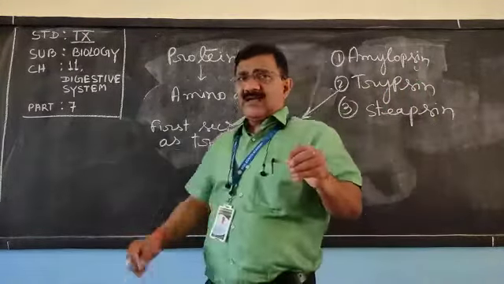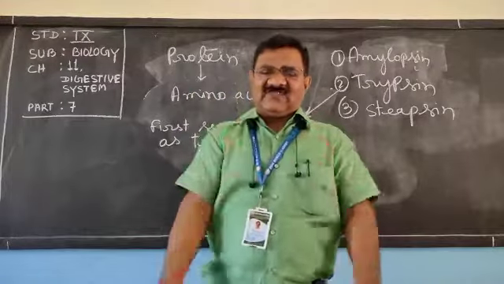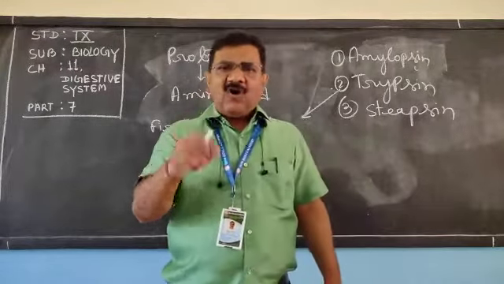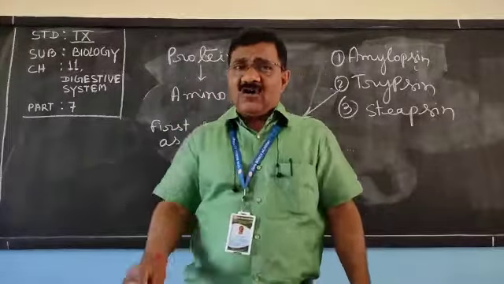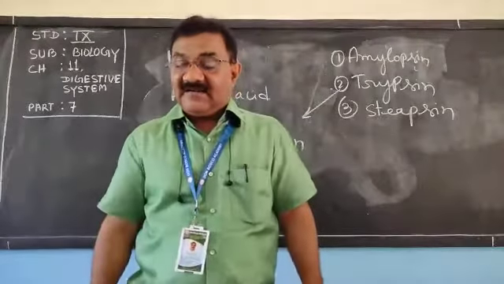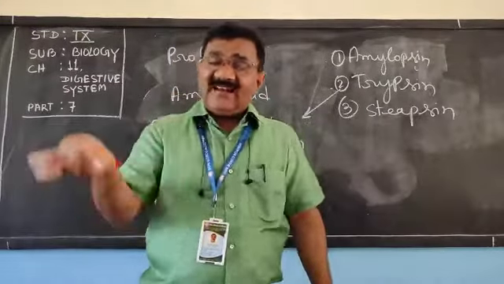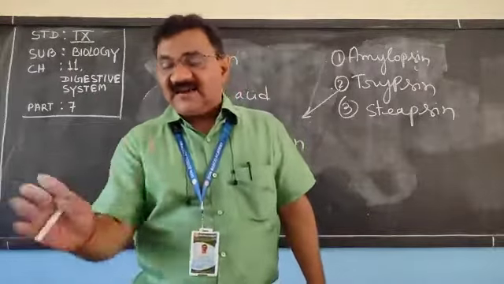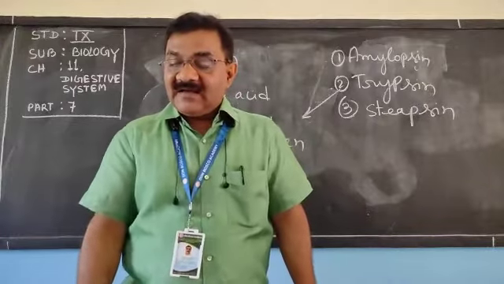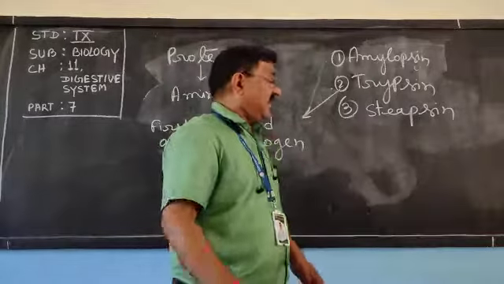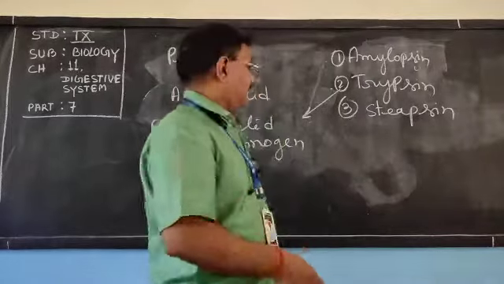No. Our small intestine, which is 7 meters long, also acts as a gland, and if it is a gland, it will secrete what? It will secrete an enzyme. Which enzyme is secreted? Enterokinase.